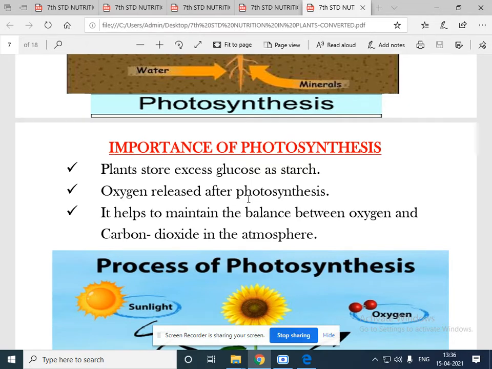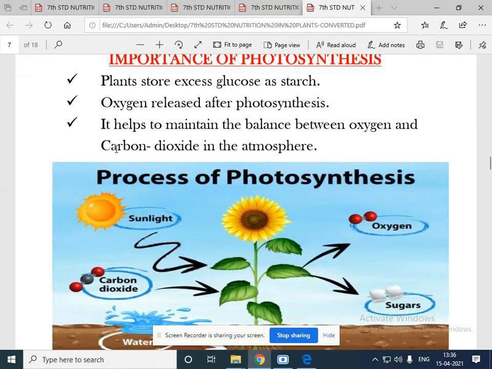As you all know, for the breathing process we require oxygen, right? From where are we getting that oxygen? We get that oxygen through the process of photosynthesis, and it helps to maintain the balance between oxygen and carbon dioxide in the atmosphere.